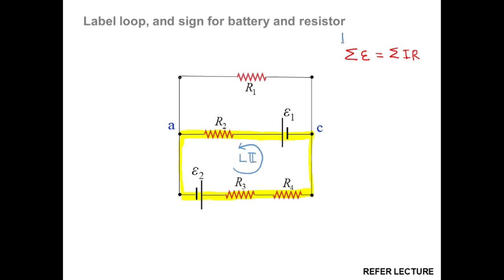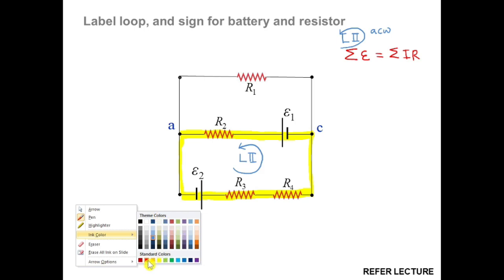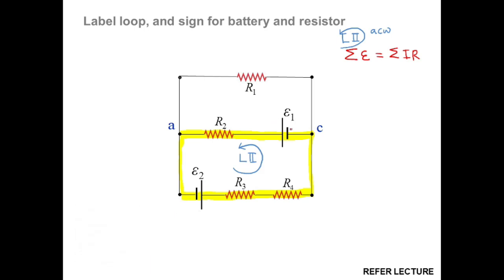In loop number 2, we can apply Kirchhoff's second law. Loop number 2 is directed anti-clockwise, so the loop flows in the anti-clockwise direction. Then we have to clearly state the direction of current inside the battery.